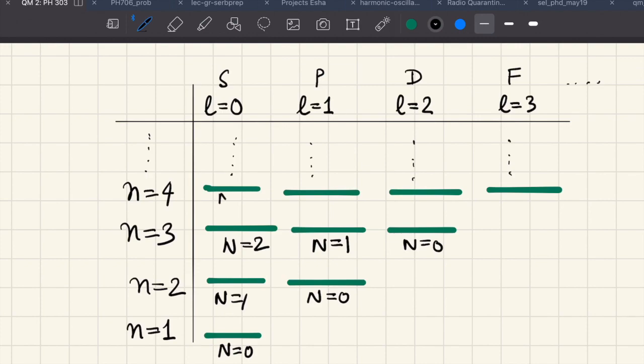Here, for example, this is N equal to 2, capital N equal to 1, capital N equal to 0, like this. So any hydrogen eigenstate specified by the 3 quantum numbers small n, small l and small m will thus have the value of n fixed. That's what this picture tells you.